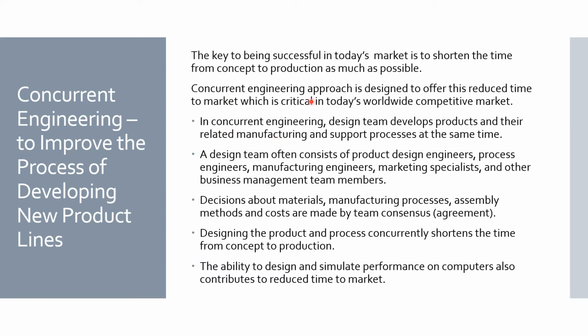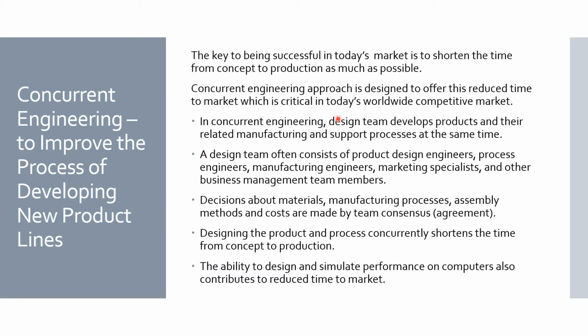So we use a special method called concurrent engineering. This approach is used to design the new product. Why? Because we can do two processes at the same time in this method. One is the development of the product, and the other one is processes relating to manufacturing of that product.